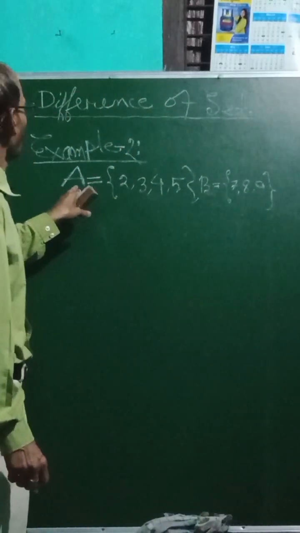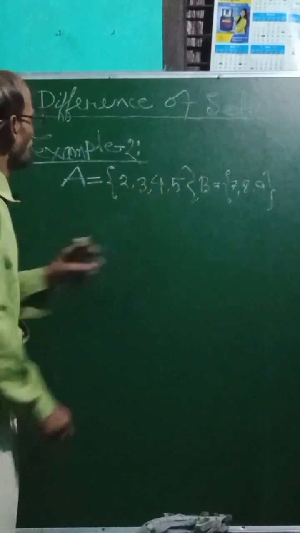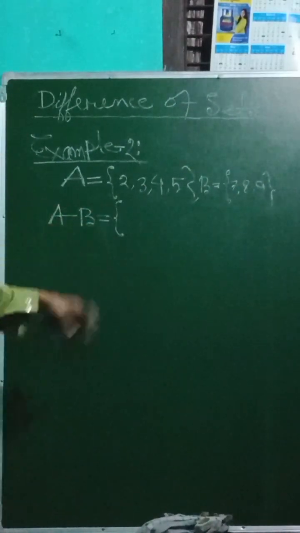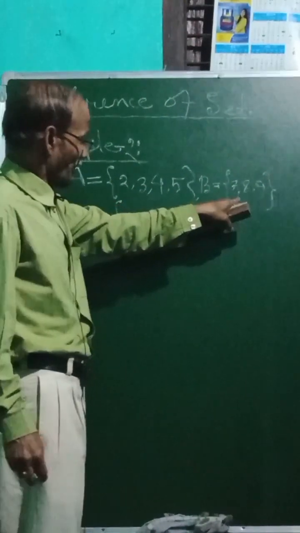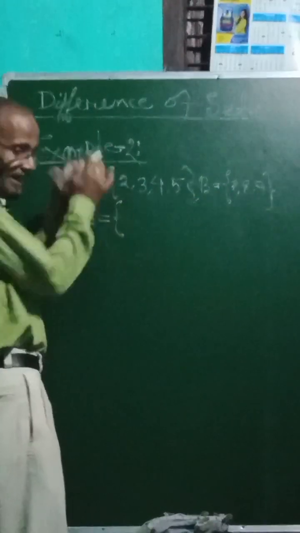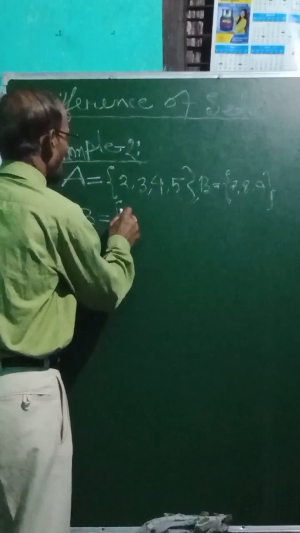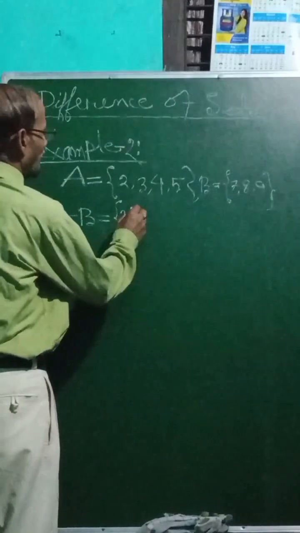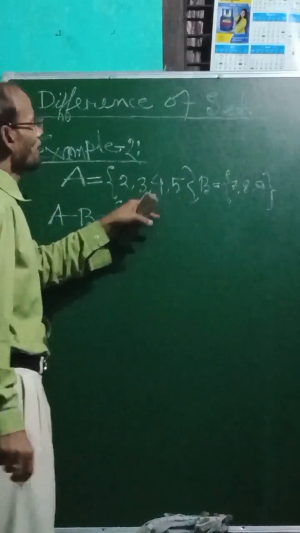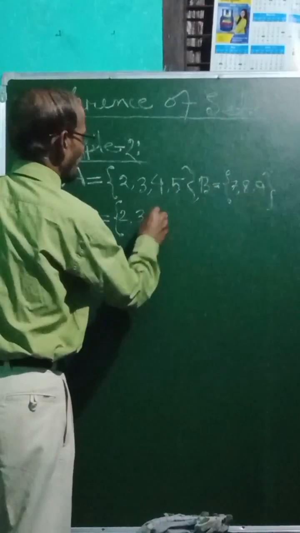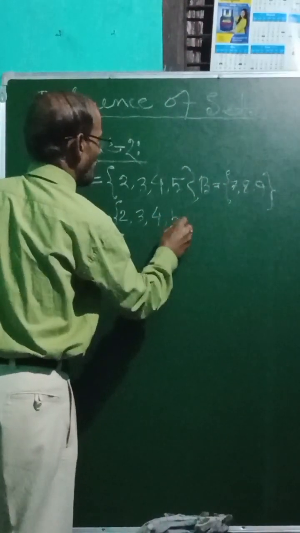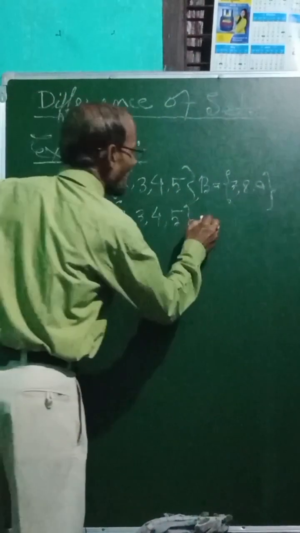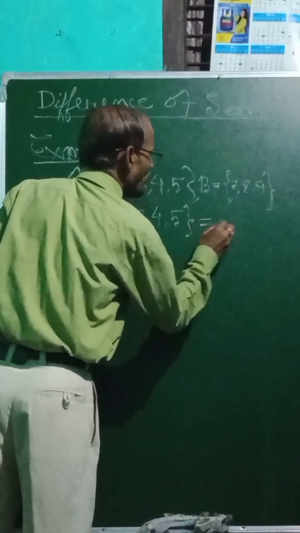Now see A minus B. See 2, go there, 2 is not present in B, so I can accept it. Then 3 not present there, take 3. Then 4 not present, then 5 also not present. So this is the set, and ultimately we see that it is the set A itself.